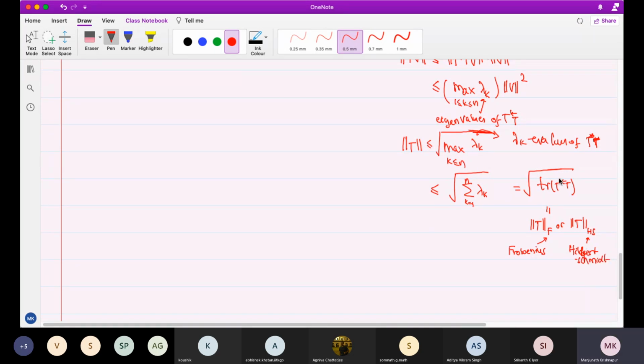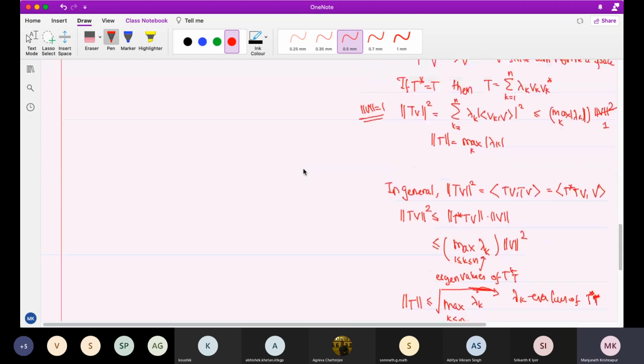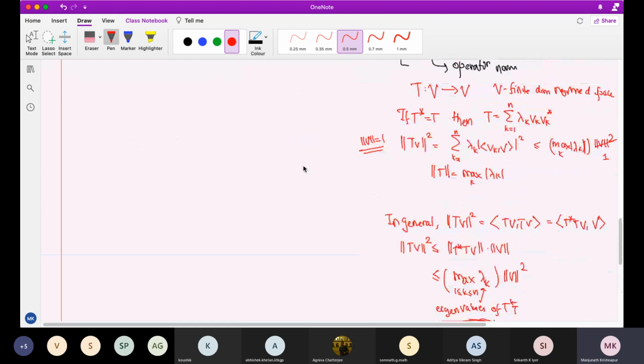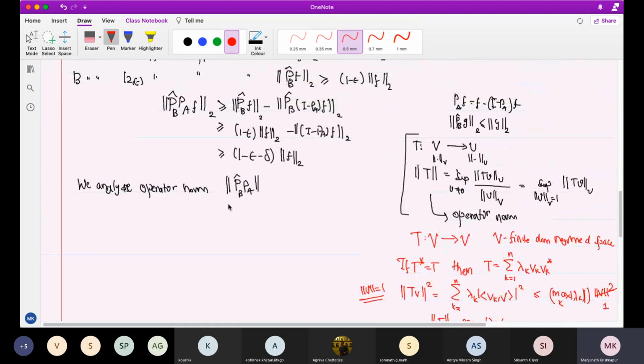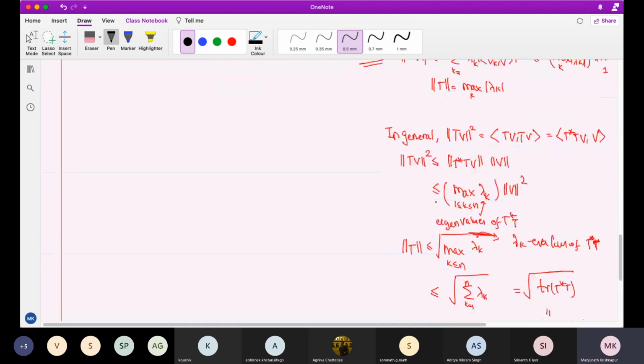If you think of T as a matrix, what is this actually? If you take the trace of T star T, what you get is: you take T as a matrix and put all the columns together as one long vector, and then take the Euclidean norm of that vector. So if you have an n by n matrix, you will get an n square by 1 vector. That's the square root of the sum of squares of all the entries. So we will be using this inequality. The operator norm itself is harder, but we'll bound it using the Hilbert-Schmidt norm. Any questions so far?